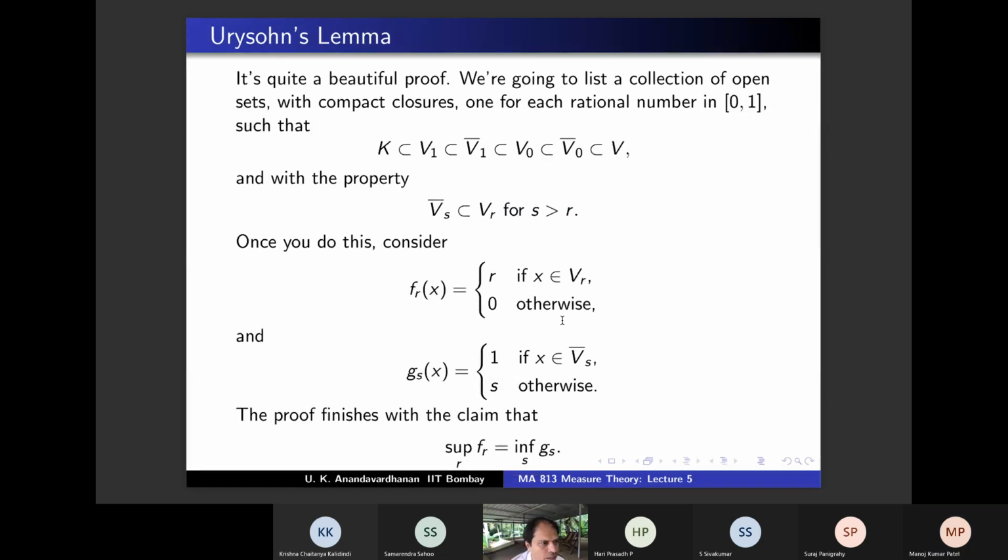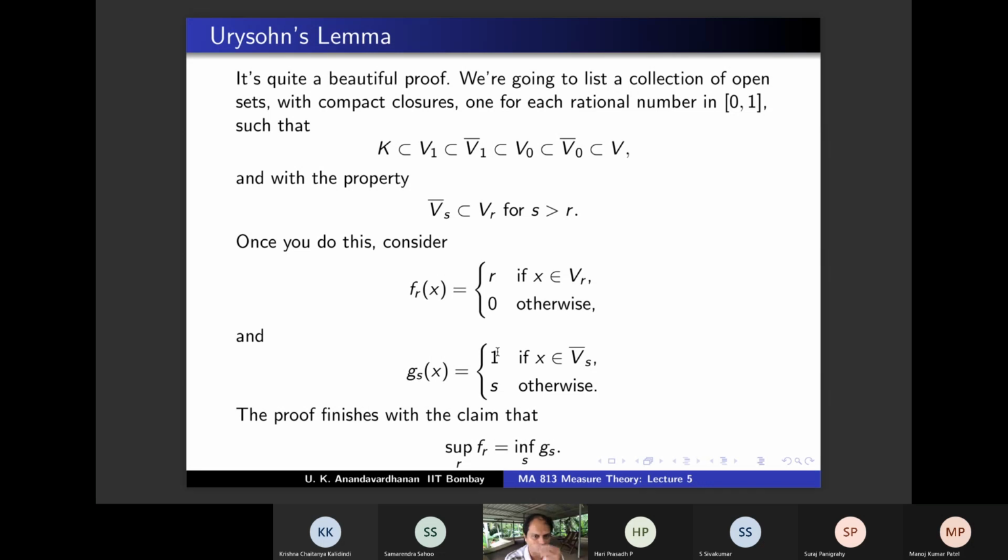So suppose you know that claim is true. Then have you proved the result? Because sup of fR is lower semi-continuous, right? And inf of gS is upper semi-continuous. So if you prove they are equal, then that function is continuous, no? And it is easy to check that the function satisfies all these properties. Because all the fR have support contained in VR, the supremum also has support, and all these VRs are contained inside V. So the supremum will also have support inside V. So that's okay.